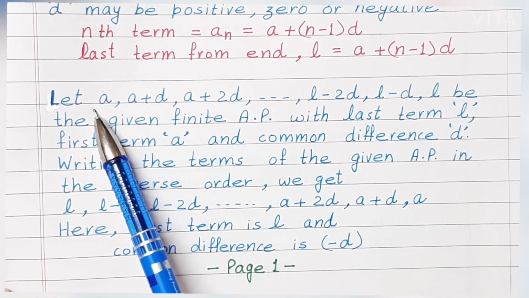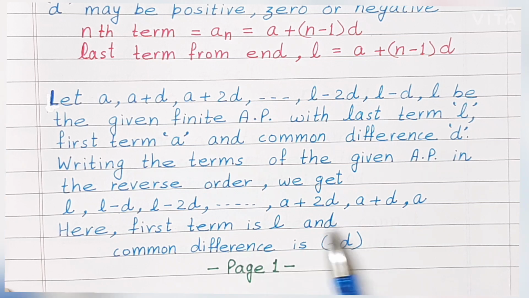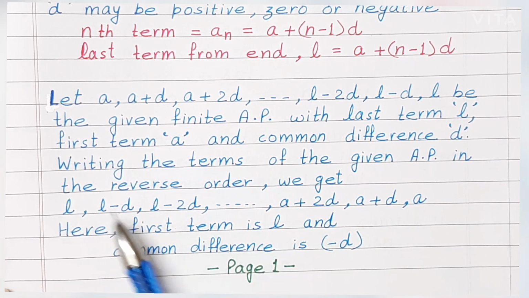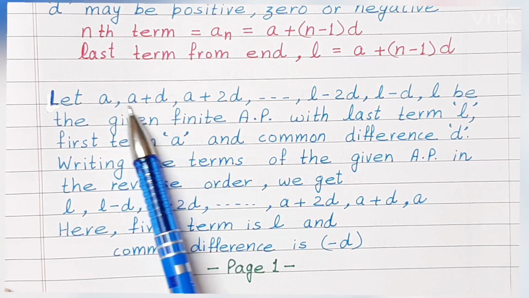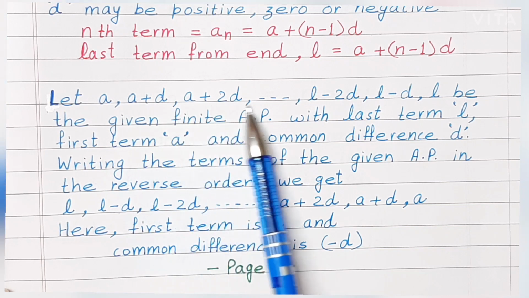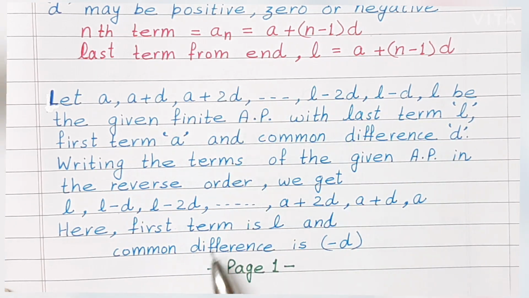So we are writing the given series in reverse order. Now in this case, L is the first term and the common difference will be minus D. In the given series, the common difference was D, but when you reverse the order, the common difference will become minus D.